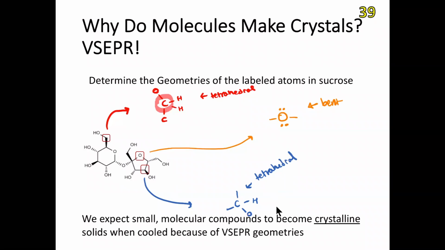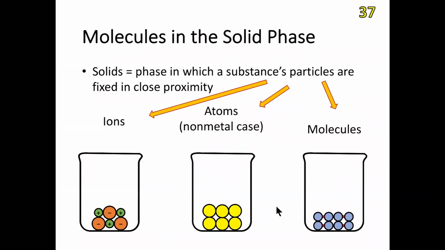But the major difference is that we expect the properties of an ionic solid to be different from a molecular solid because the ionic solid is held together through non-directional ionic bonds, right? It's bonded in all places simply by the fact that positives are attracting negatives from all surroundings.